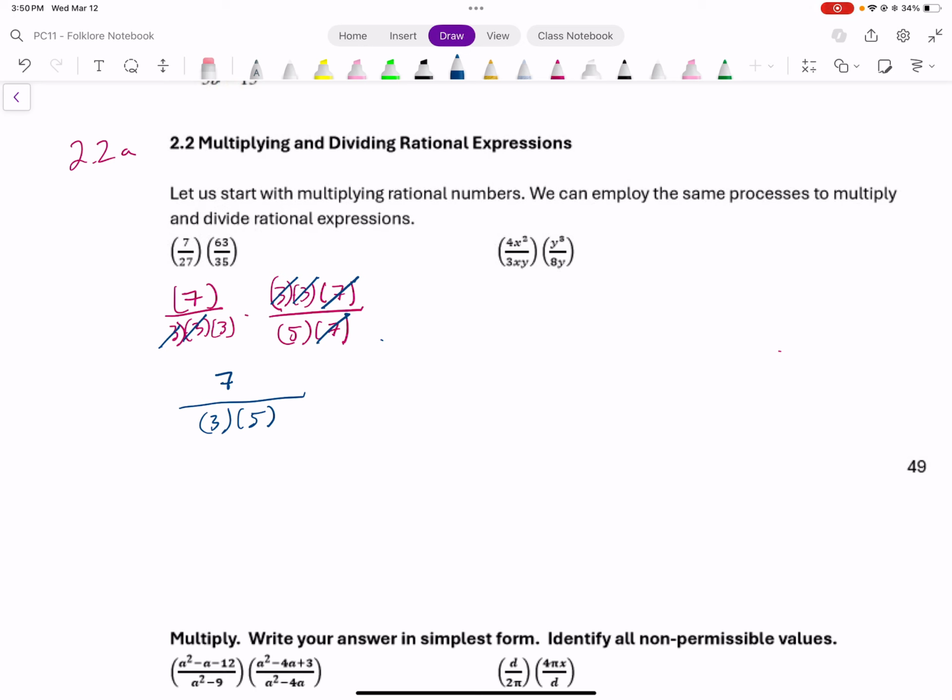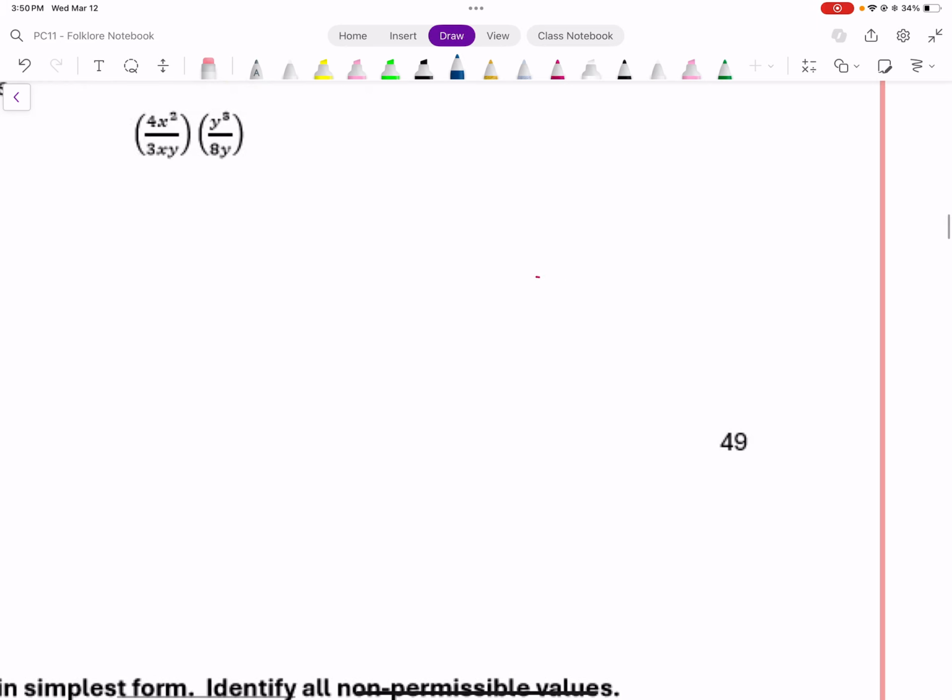Let's go on to the next example. So it's 4x squared. I'm just going to write it as 4x times x divided by 3xy, multiplied by y cubed, and that's y times y times y, divided by 8y.